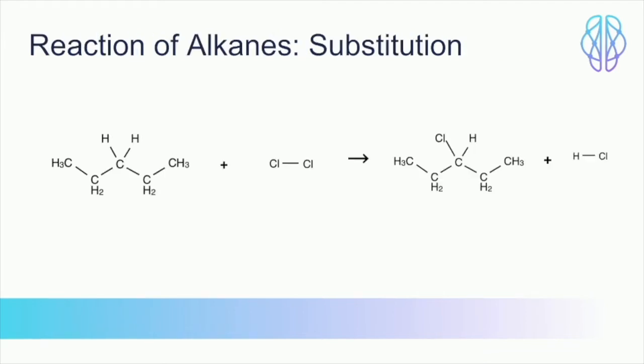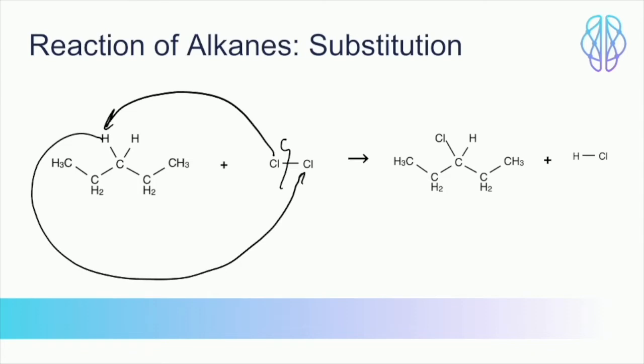If you compare and contrast this with the reaction of the alkane, where you have the free radical, sure, one of the free radicals takes the place of the hydrogen. However, this hydrogen then forms a bond with the other free radical, and then you have hydrogen chloride.